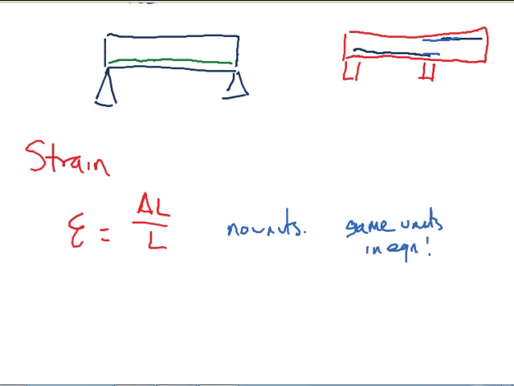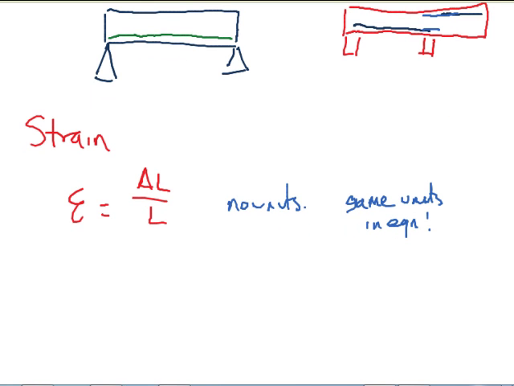Okay, how much strain is experienced by the object will depend on the stress. How much force is effectively being applied is what's going to determine how much strain the object will experience. Putting these two together led to Young's modulus.